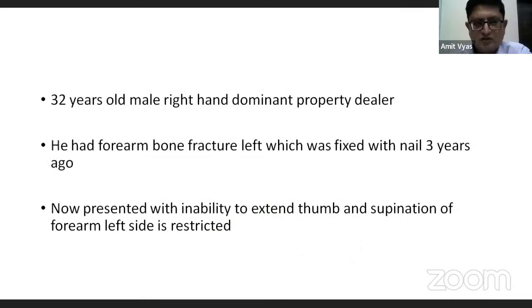So this is a 32-year-old male, right hand dominant, a property dealer by occupation. He had a forearm bone fracture on the left side, which was fixed with a nail 3 years ago. Now he presented to me with inability to extend the thumb and restricted supination of the forearm.